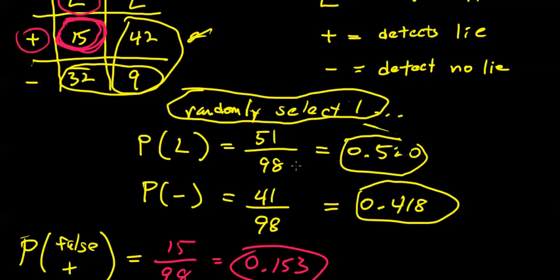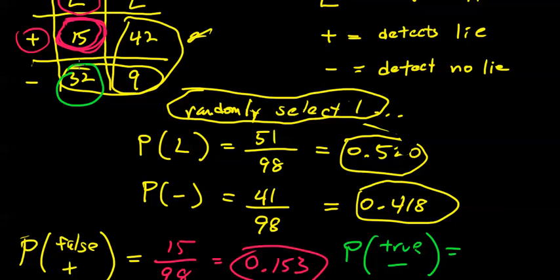We can similarly ask, what's the probability of a true negative? Randomly selecting a true negative test from these 98 subjects. Well, what does true negative mean? That means you did not lie, and the machine said you did not lie. That would be this cell here.